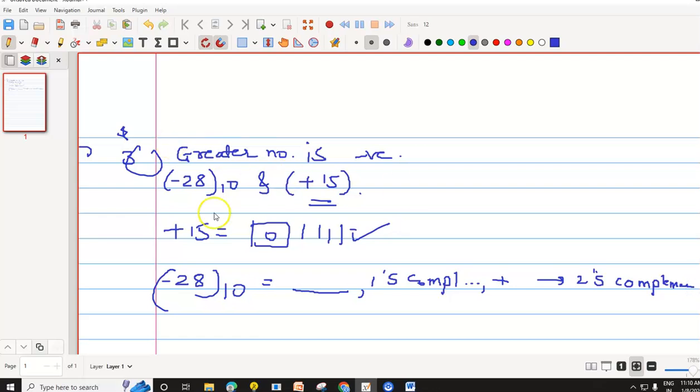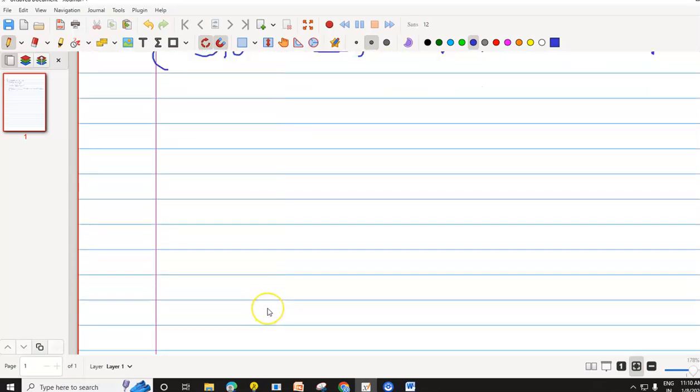Okay, so then let us start. So very firstly we will represent plus 28 in binary. Last bit will represent the sign. So 1 1 1 0 0.